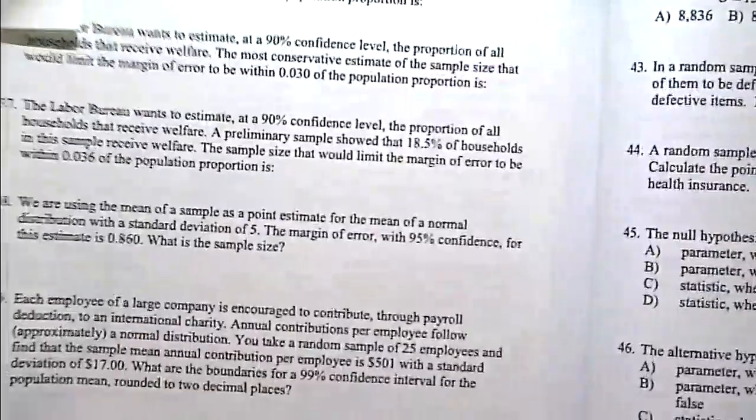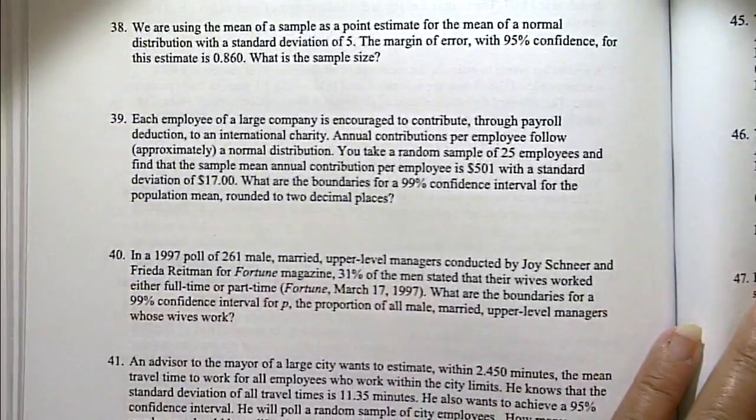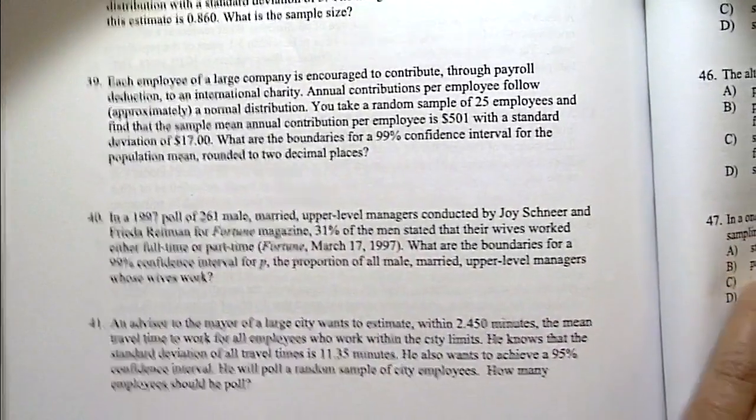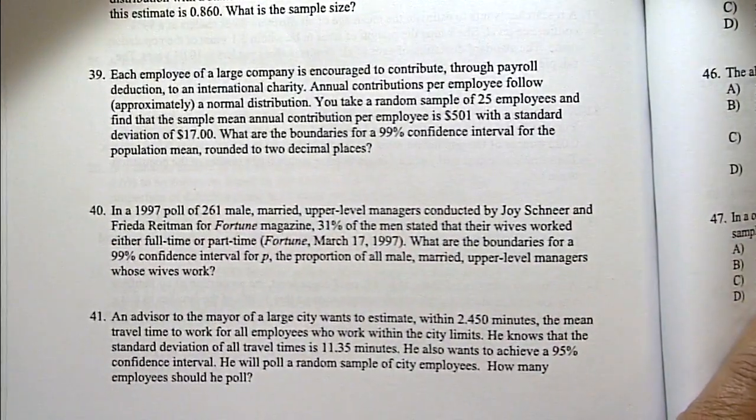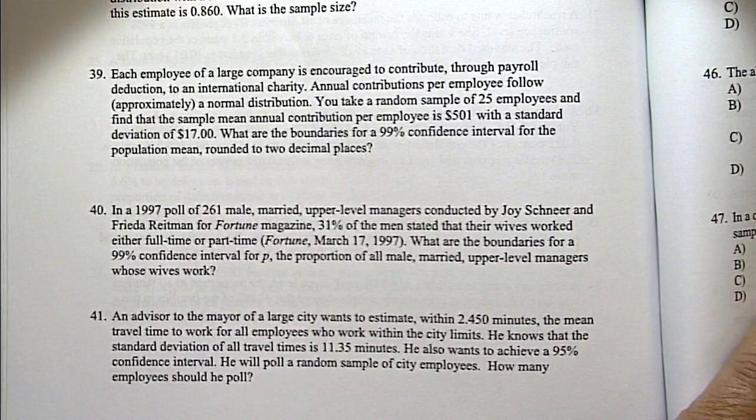So I want to do another confidence interval, and this time I'm going to take you to a proportion problem confidence interval, okay? Number 40 I picked for that one. Let's see if I can find it. So number 40. Here it is. Number 40 says that there was a 1997 poll of 261 male married upper-level managers.